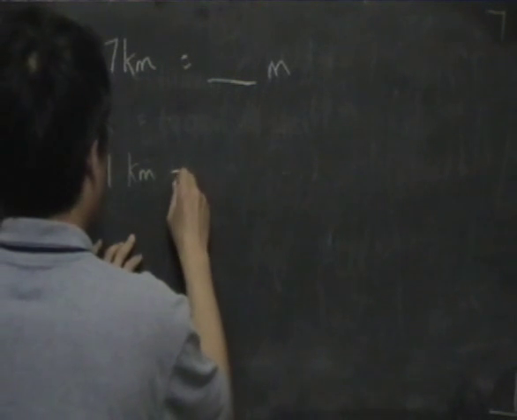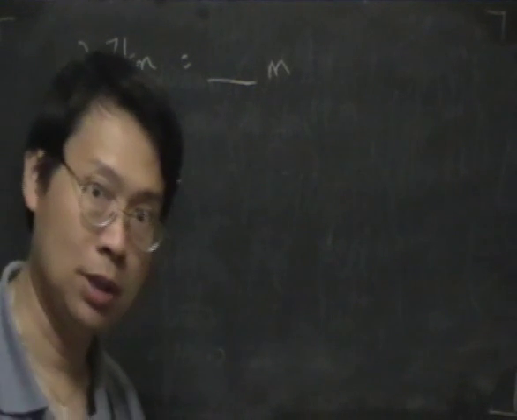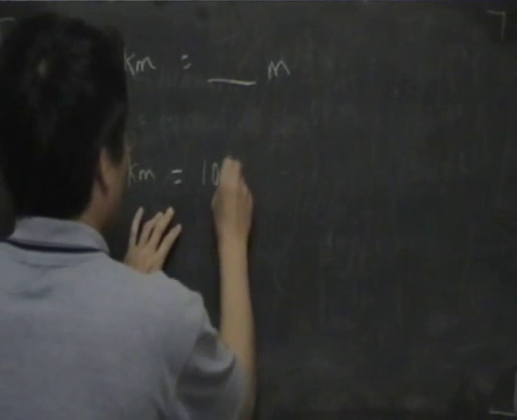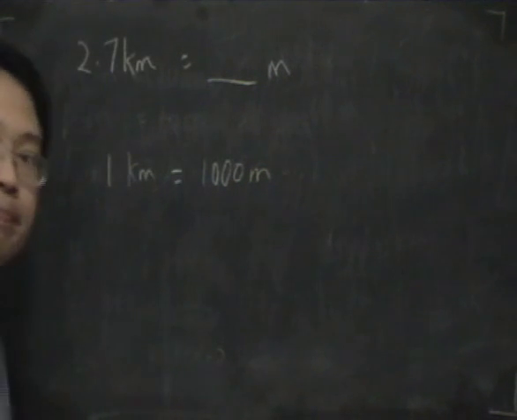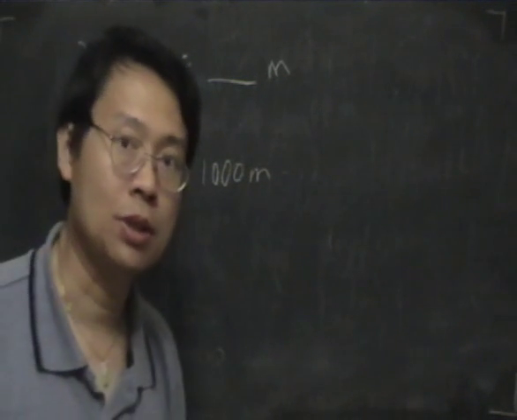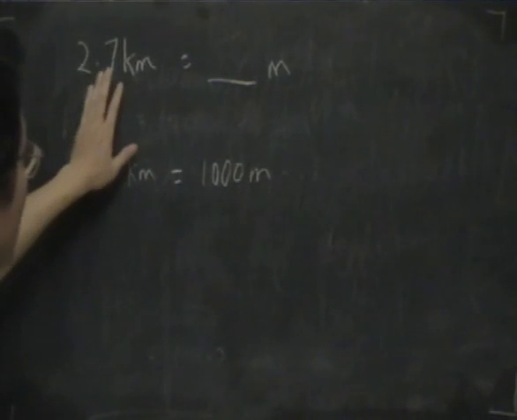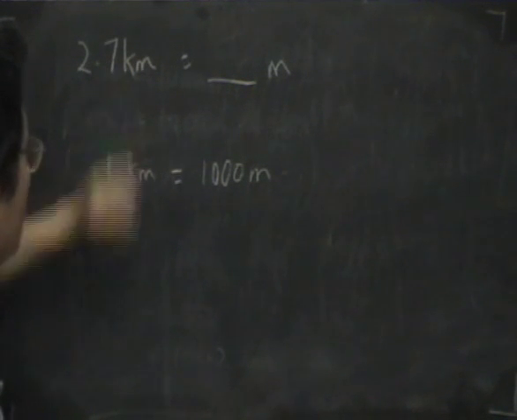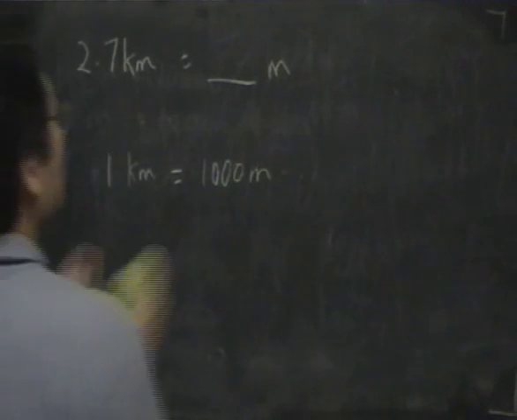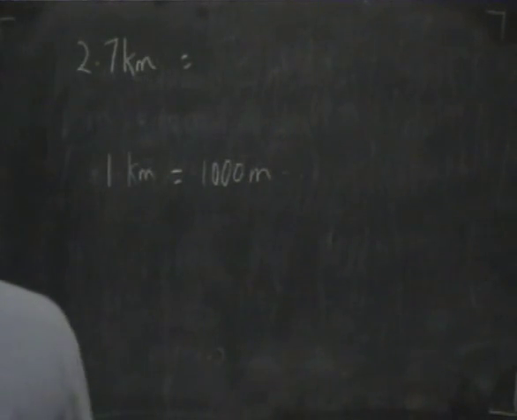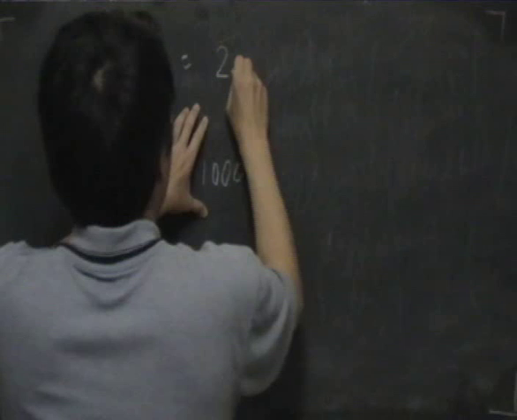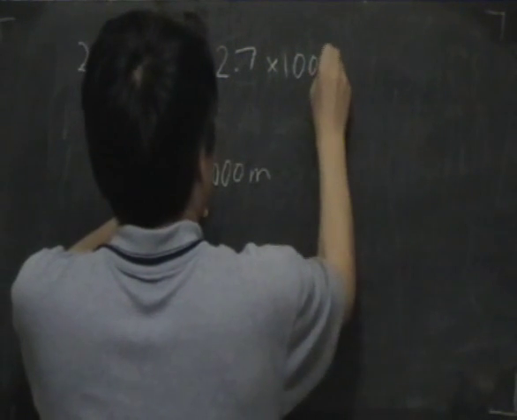Now if you remember that kilo means 1000, then 1 kilometer means 1000 meters. Right? So if you have 2.7 kilometers, the way to do it is to say that it is the same as 2.7 times 1000 meters.